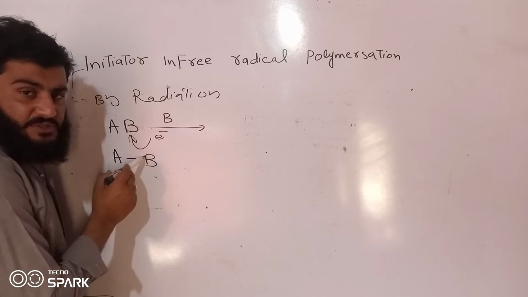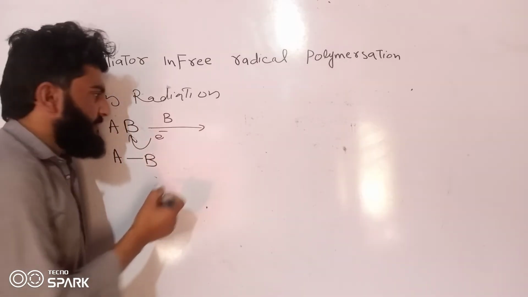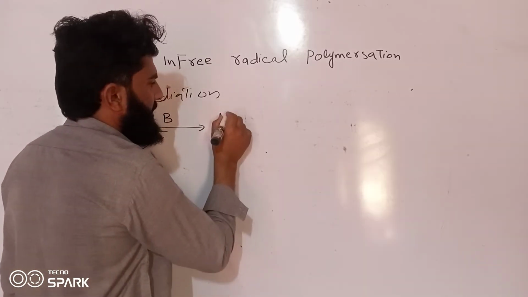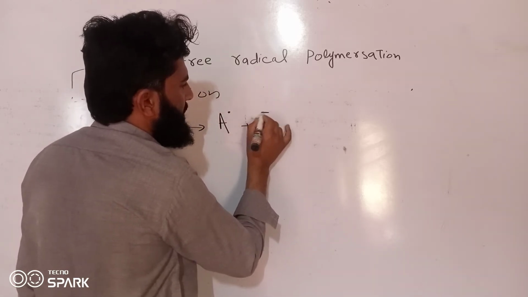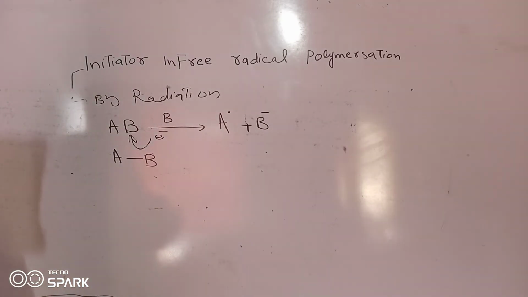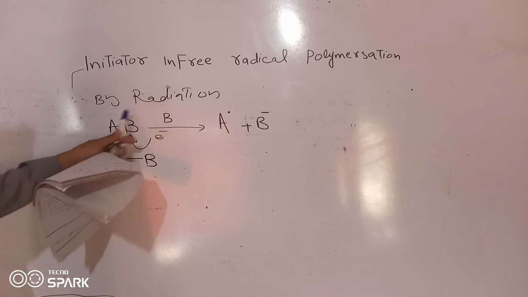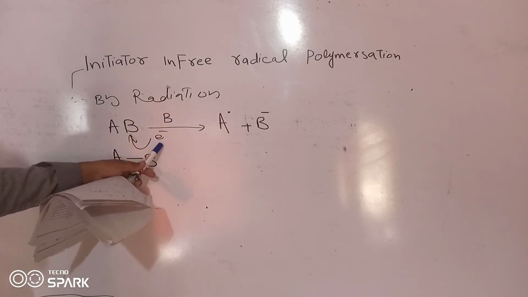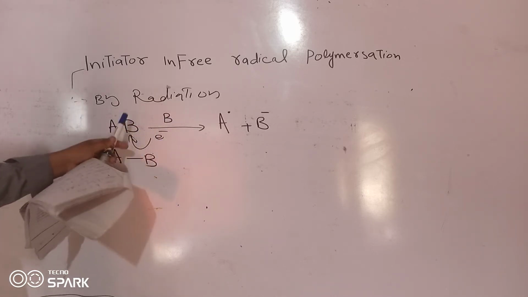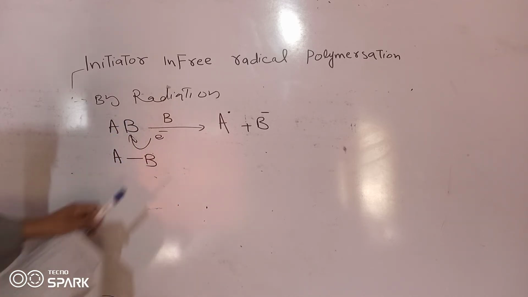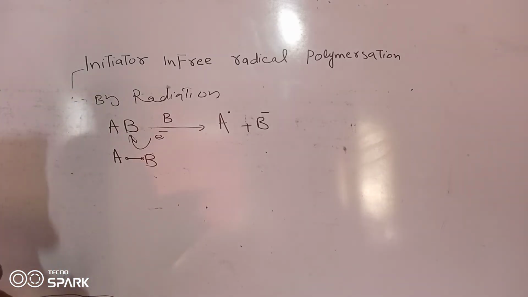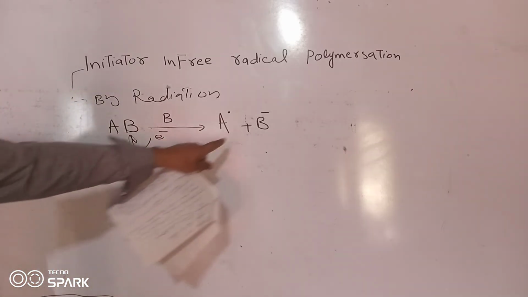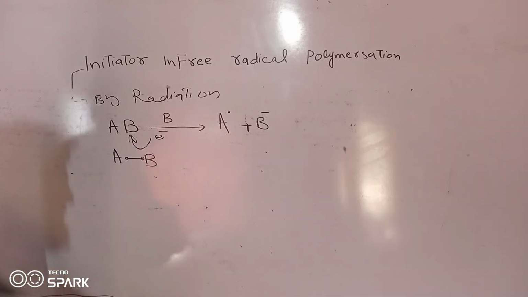So one of these will attract the electron. So what will form? A plus B negative. When we apply beta radiation to this compound, this bond breaks up, the electron is taken by this, and a free radical is formed.